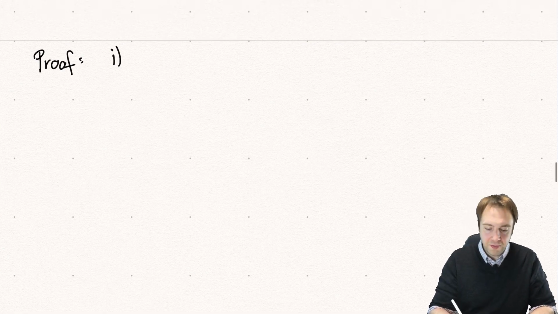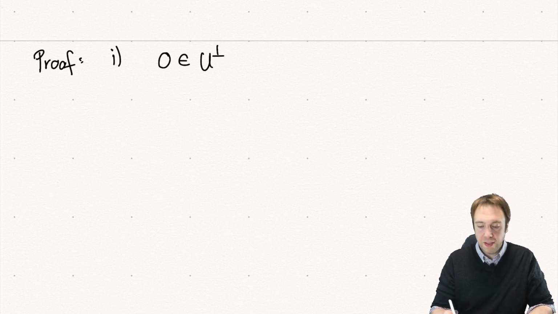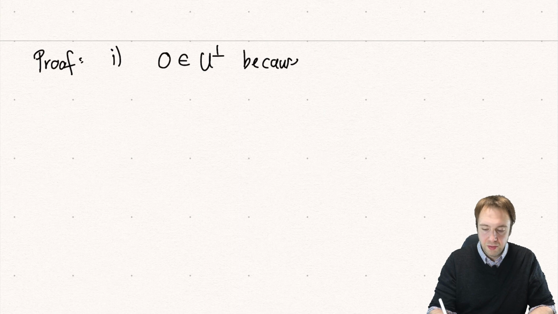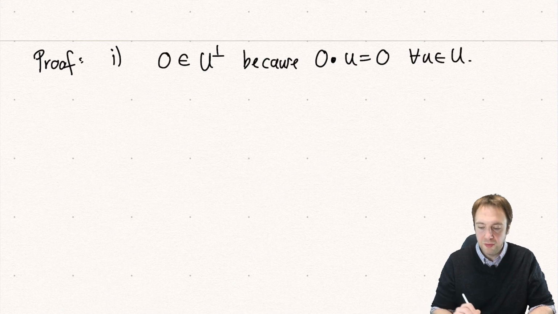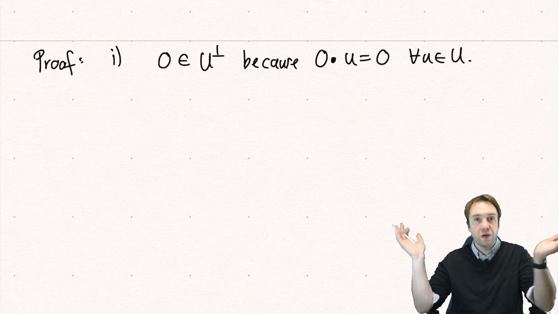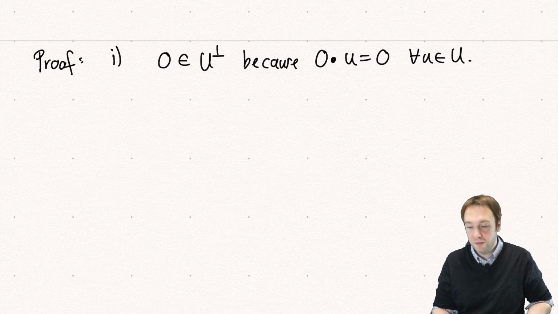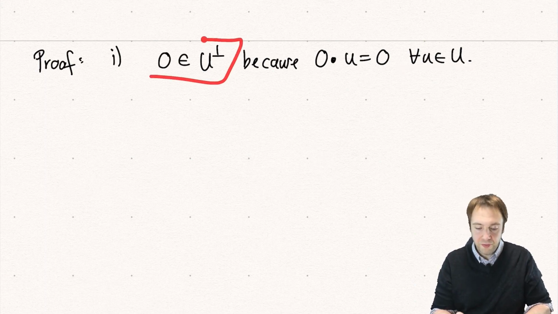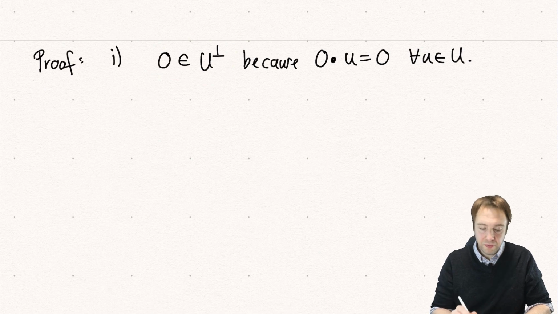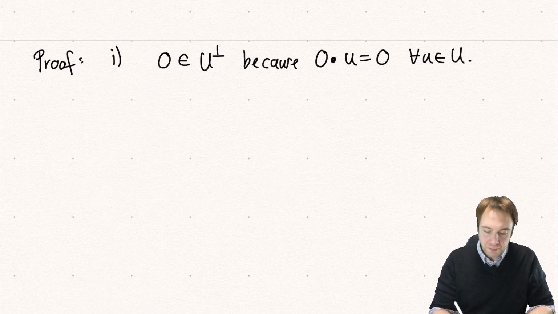First, that 0 is in there. But why is 0 in there? Well, because the dot product of 0 with anything is always 0. So the 0 vector is orthogonal to any vector. In particular, it's orthogonal to all vectors in U. So therefore, the 0 vector is in U perpendicular. This would be the first condition.